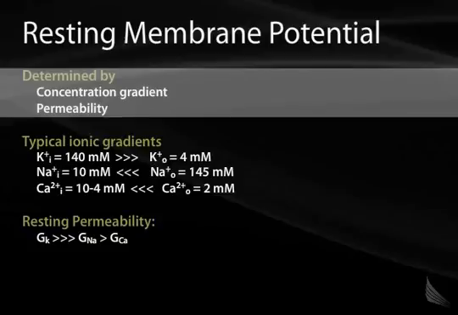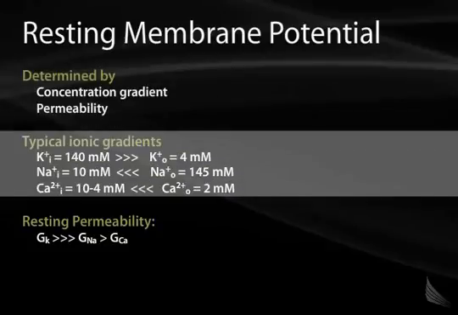The resting membrane potential is determined by the concentration gradient as well as the permeability. Listed here are the ionic gradients at rest in a cardiac myocyte. The interior potassium concentration is 140 millimolar. The exterior potassium concentration is 4 millimolar. And you can see the same for sodium and calcium.